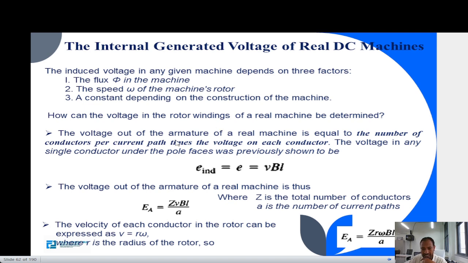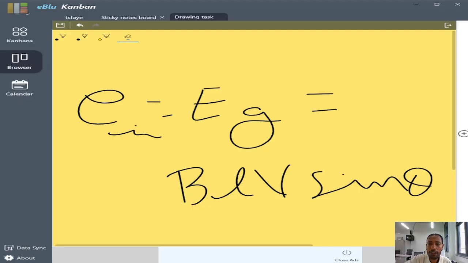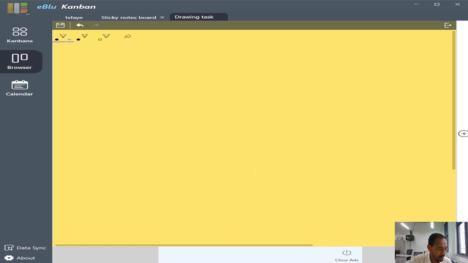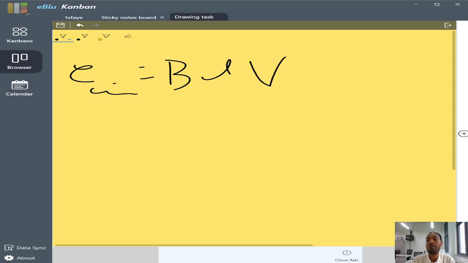And the voltage out of the armature of a real DC machine is equal to the number of conductors per current path times the voltage on each conductor. It means, having this in our mind, E induced is going to be BIV, the maximum induced voltage.